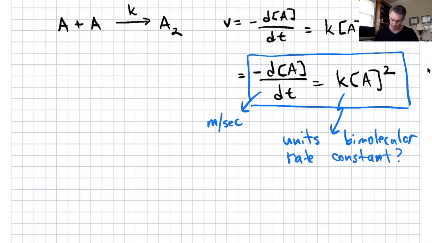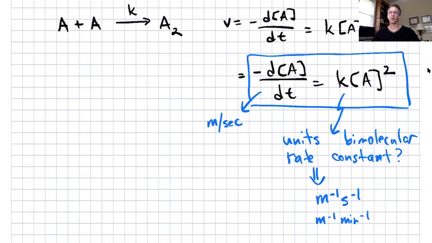That means the units for this bimolecular rate constant have to be per molar per second, or per molar per unit time. I could say per molar per minute, whatever. But for bimolecular reactions, the rate constant has different units than a unimolecular reaction.